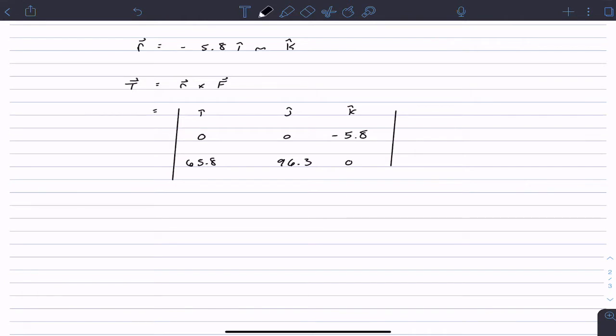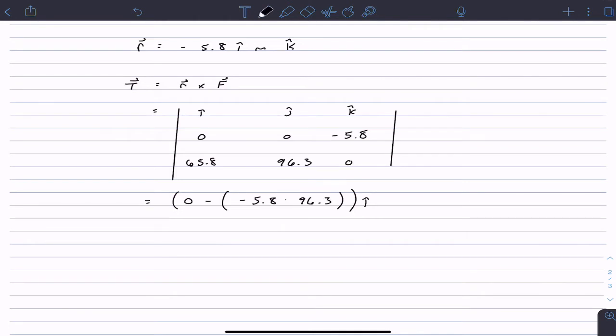So then it says find the torque, right? And we've got to do that. I hat, this is 0, this is not 0. So we have 0 minus negative 5.8 times 96.3. This is i hat. And then what do we have for j hat? 0, not 0.